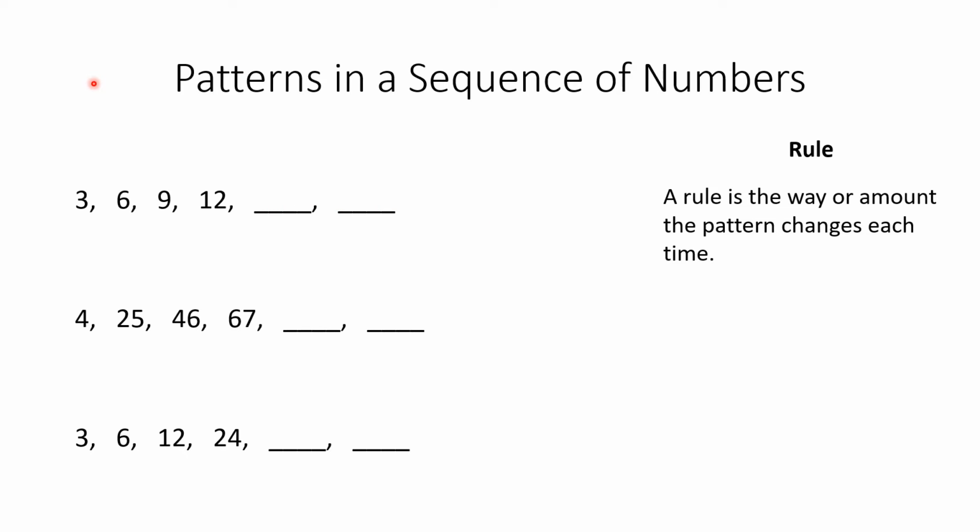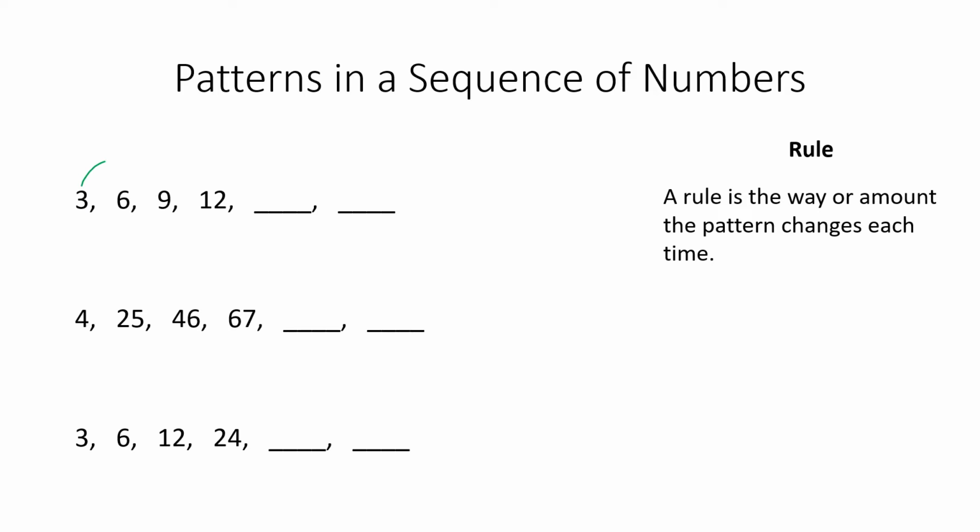So let's get started with this first one. I'm looking at the numbers 3, 6, 9, 12. Now I'm looking at how do they increase? What is the difference between each of these numbers, and is it the same between all of them? So I know that 3 plus 3 equals 6. And then I'm wondering if plus 3 will give me the 9. Let me get my green.